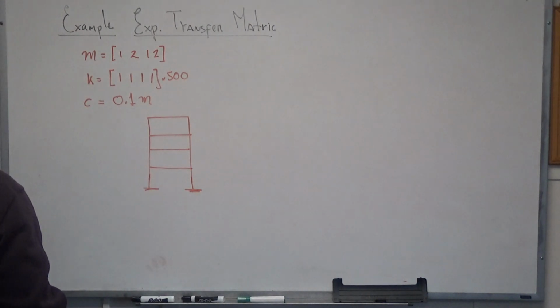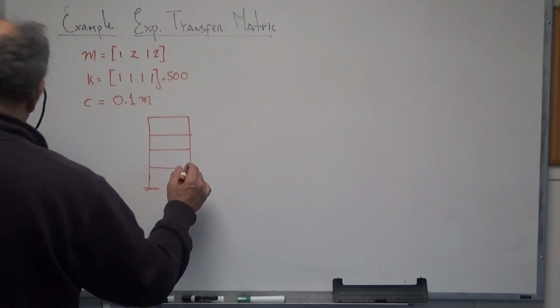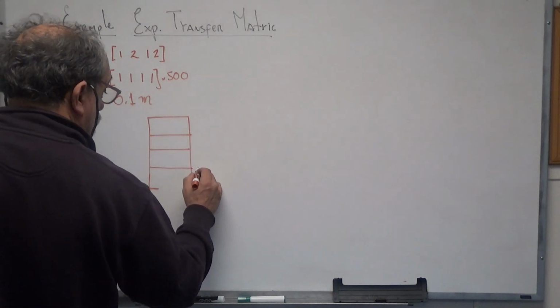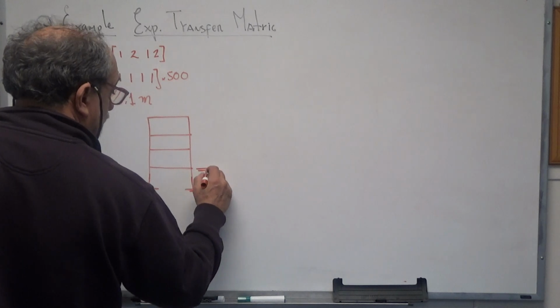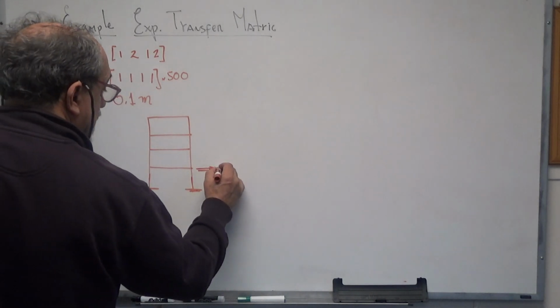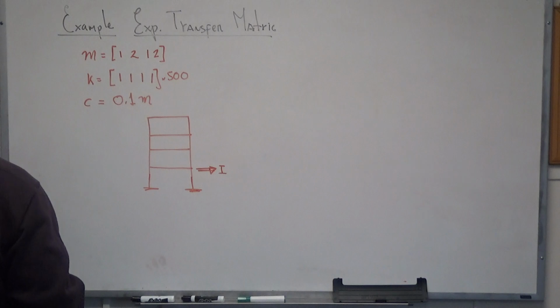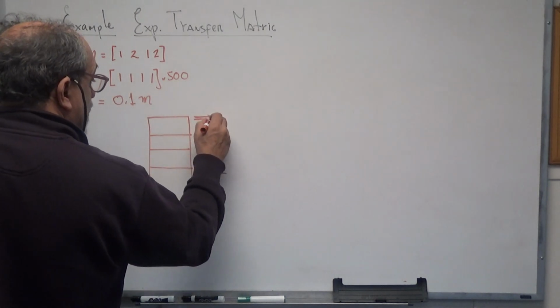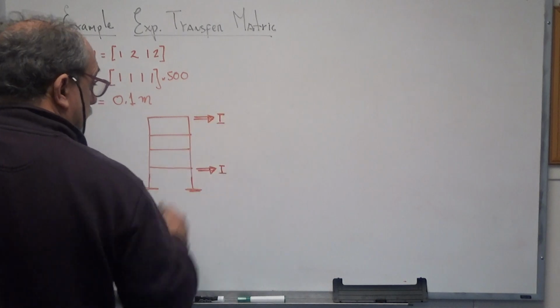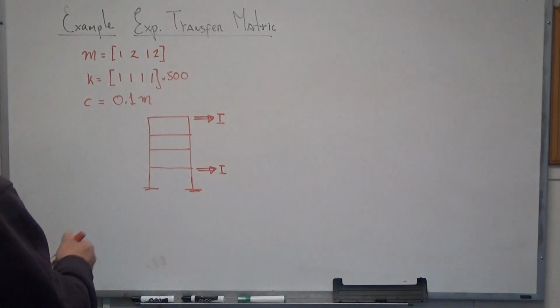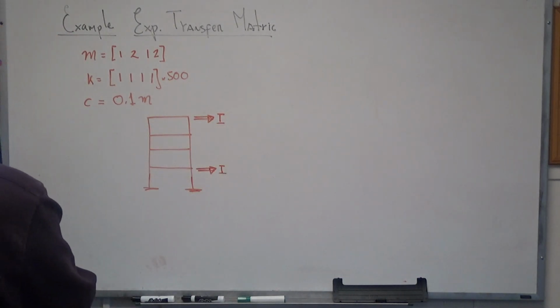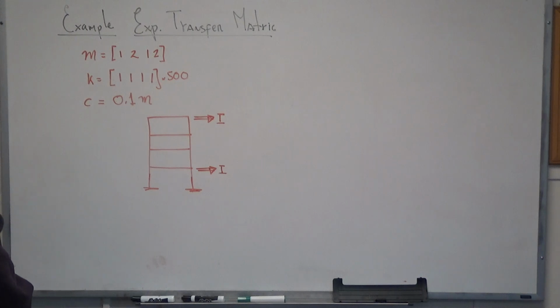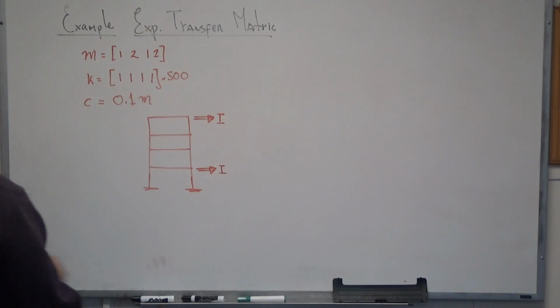And we have an applied load at coordinate number 1. So here is an input, and we have an input at coordinate number 4. So we have another input here. We also have, in addition to that, 2 output sensors, one located at coordinate 1.